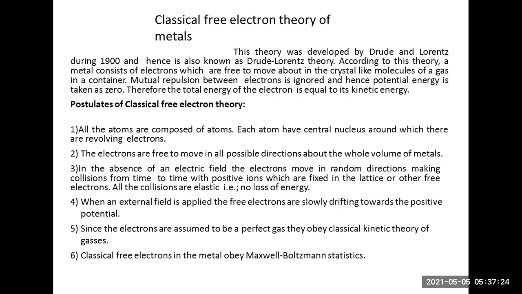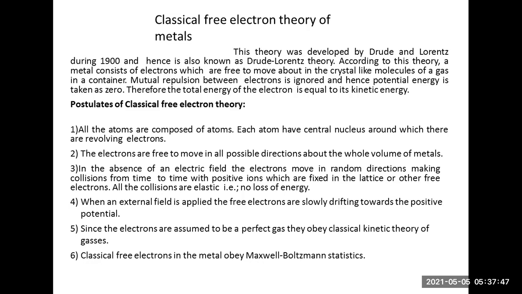Since the electrons, as we said, are freely moving, you can compare this free movement of electrons with the free movement of molecules inside a gas. If this is the case, the movement of free electrons should obey the classical kinetic theory of gases.